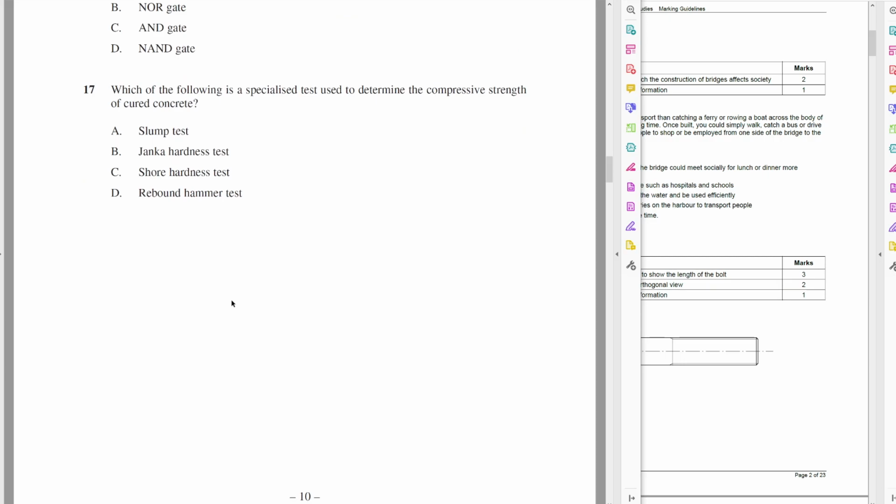Okay, so which of the following is a specialized test used to determine the compressive strength of cured concrete? Well, slump we know is for workability. So then what we have is the Jenker hardness, the Shaw hardness, and the rebound hammer test.